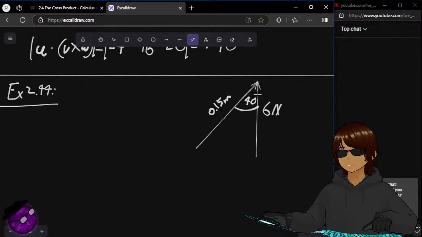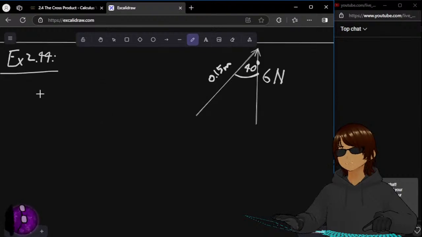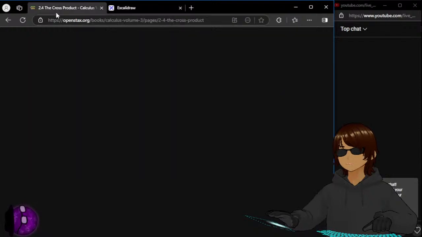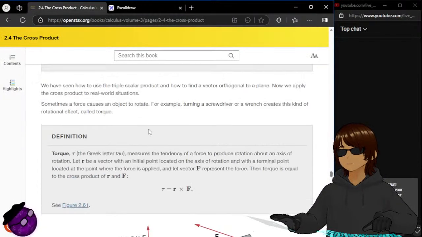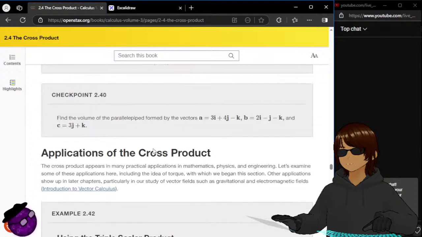And then this is 40 degrees. So if we do F cross R, we get, wait a minute. If we just want to find the magnitude, is there a simpler way?